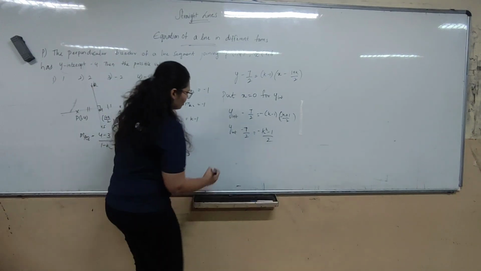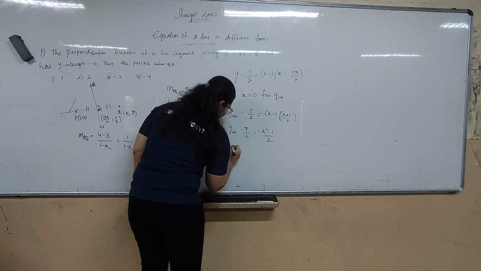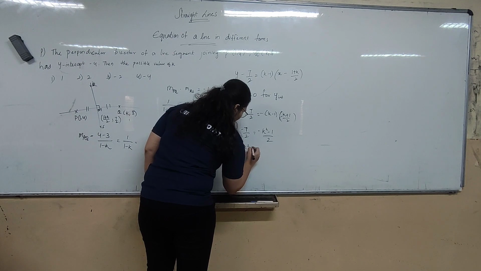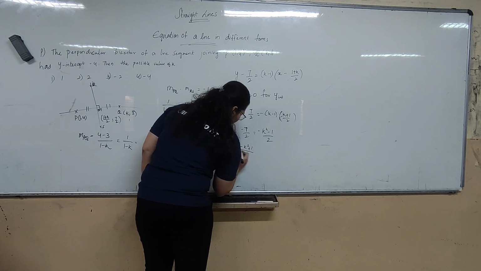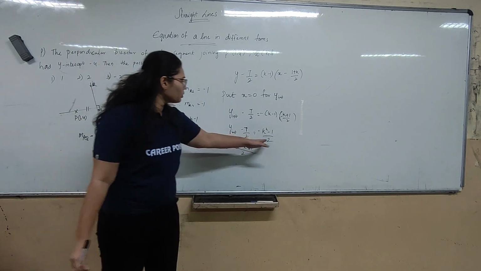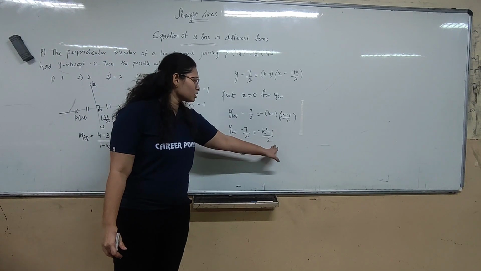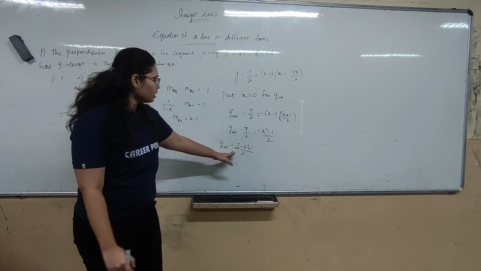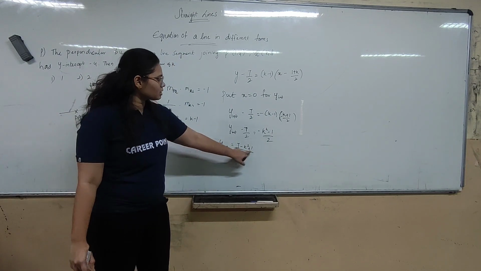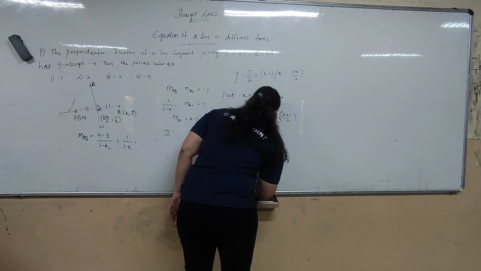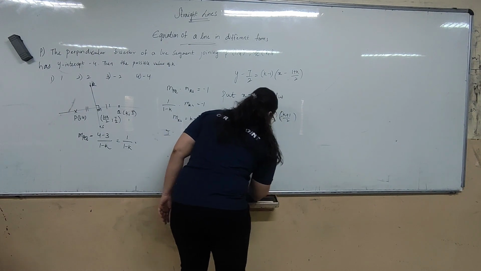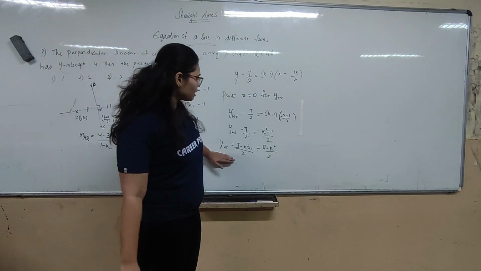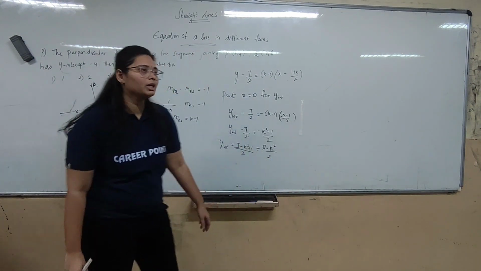Taking the LCM, (7 minus k square plus 1) by 2, that is (8 minus k square) by 2.